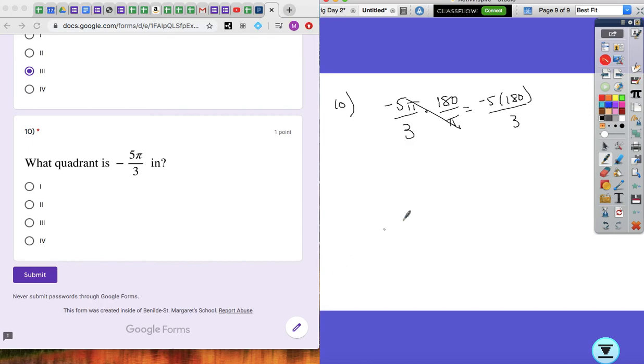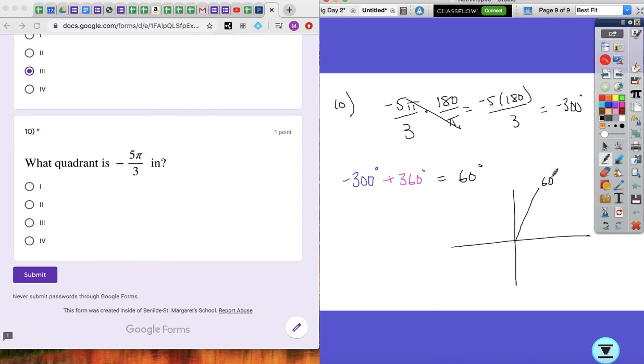And when you do that, you're going to get negative 300 degrees. Now, if you're still thinking, I don't like it as a negative angle, you could find a coterminal angle by adding 360 degrees. And when you do that, you're going to get 60 degrees. And then that might be easier for you to plot.